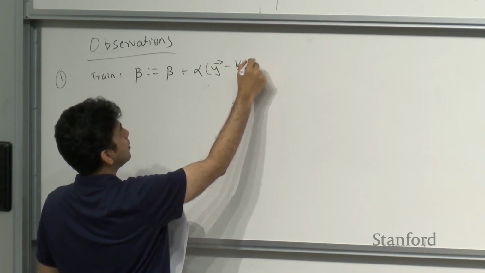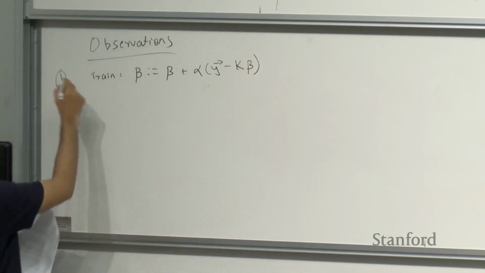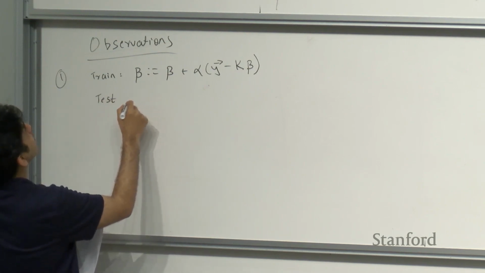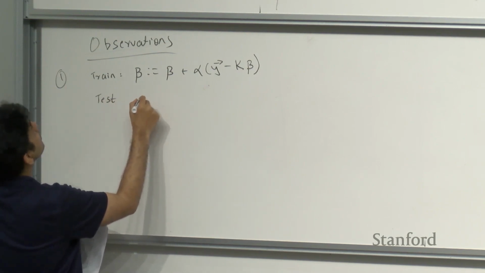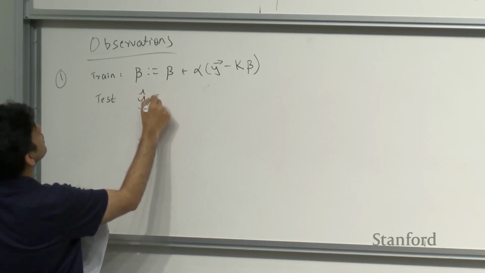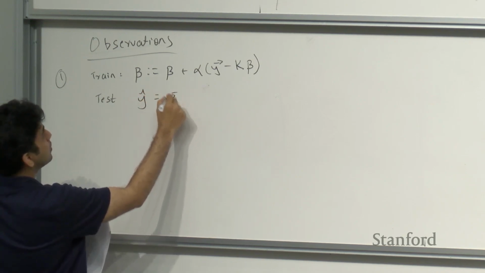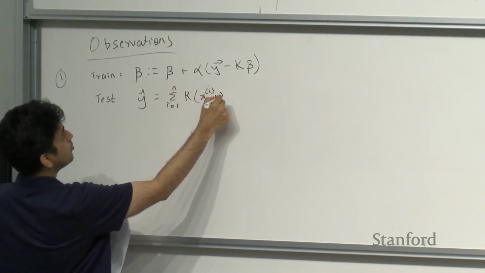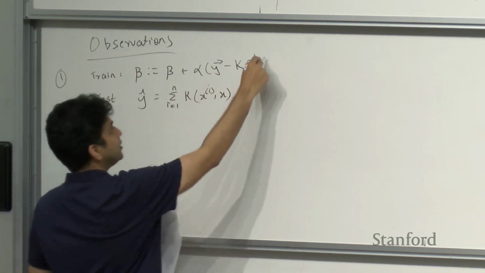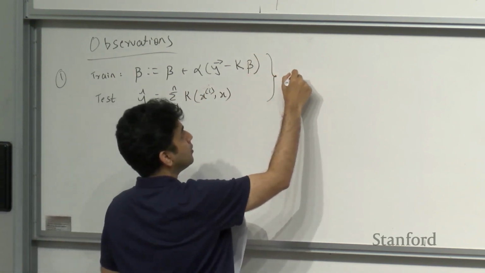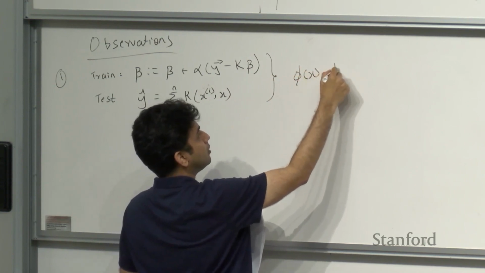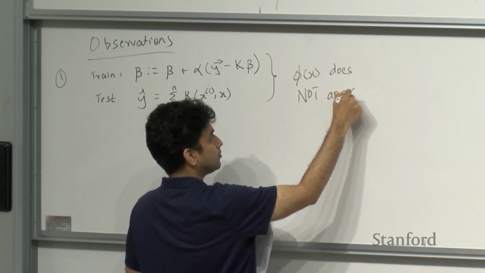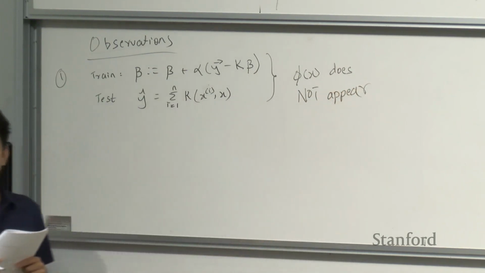And at test time, y hat equals the sum from i equals 1 to n of beta_i K of x_i comma x. In both of these, phi of x does not appear. That's the most important thing.